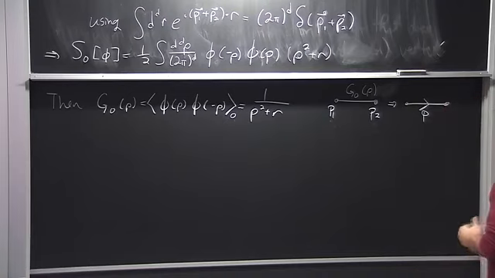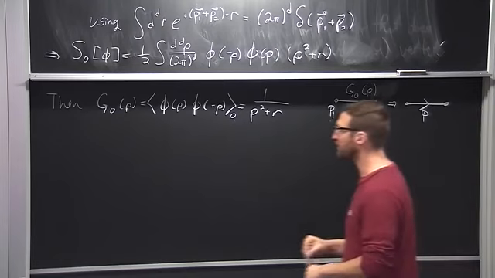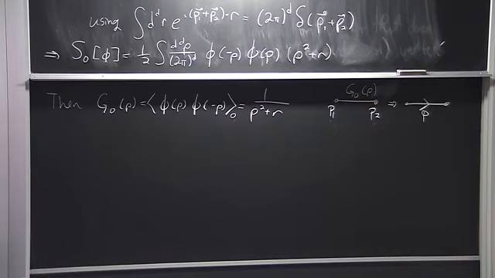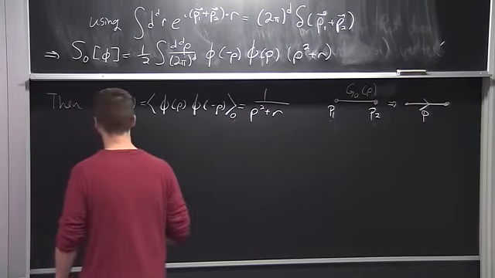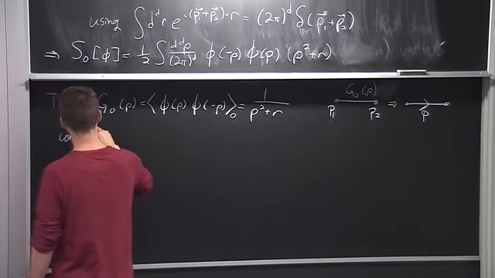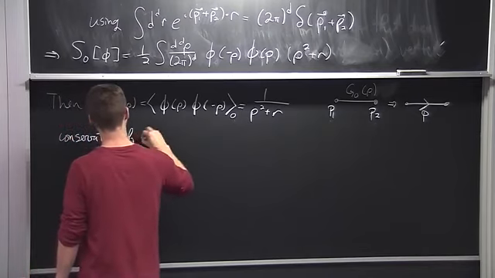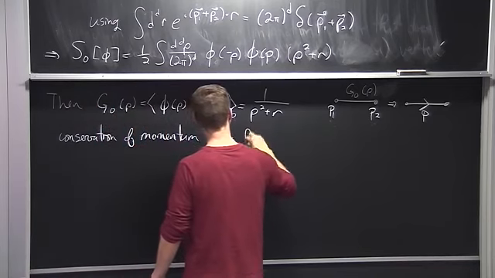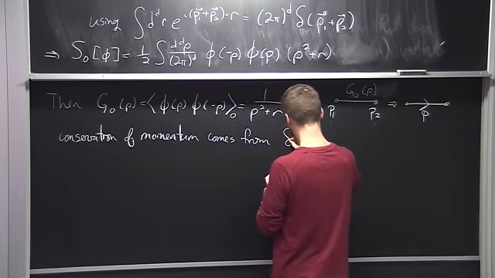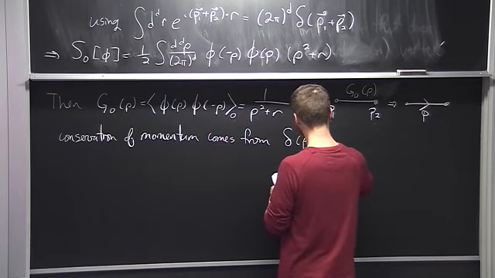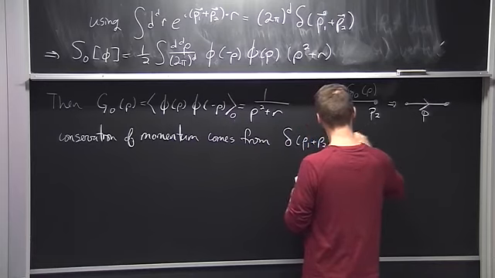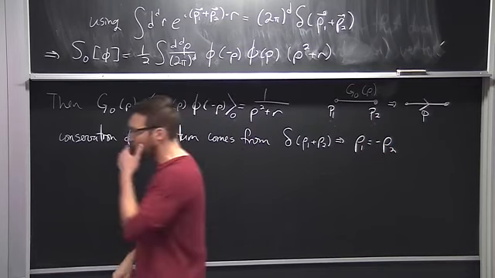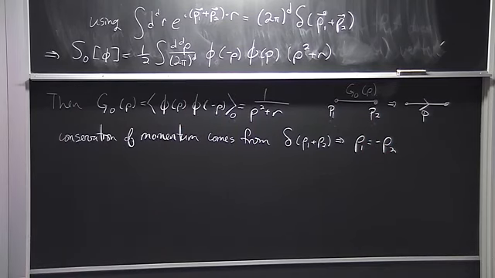So a momentum space diagram will look very similar to a real space diagram, except the conservation of momentum is going to be built in. So we're going to have to label all these things with arrows. Okay, so that's just the Gaussian part. It's very simple there.